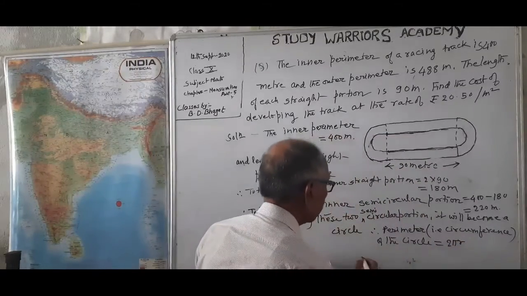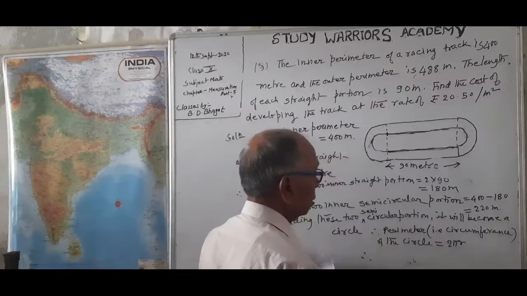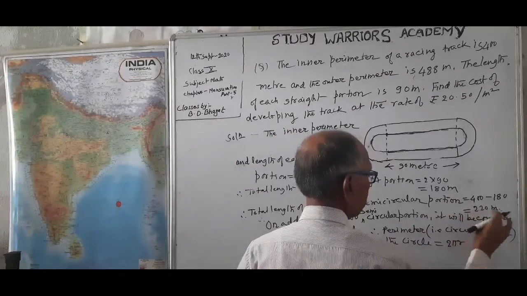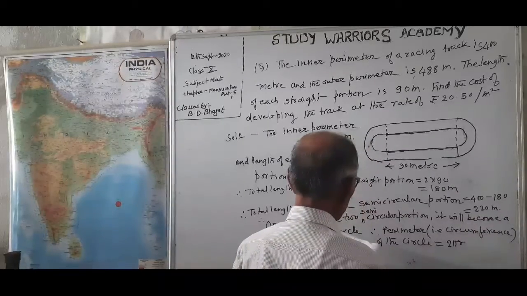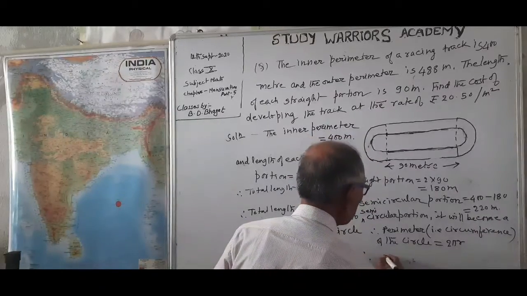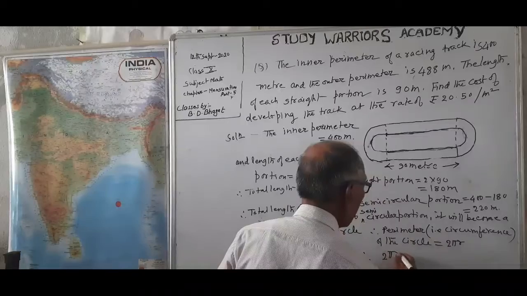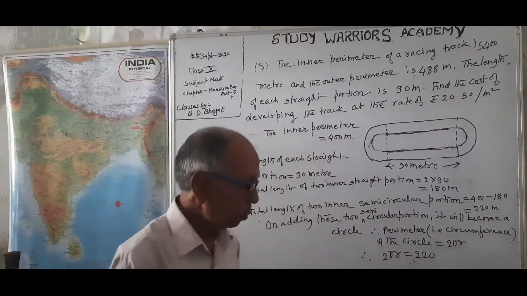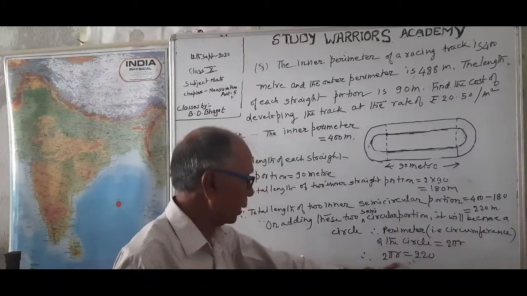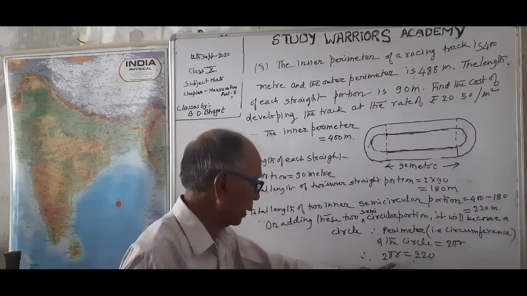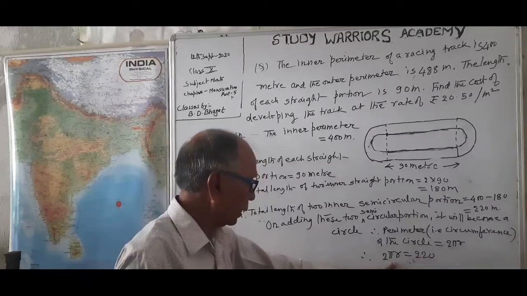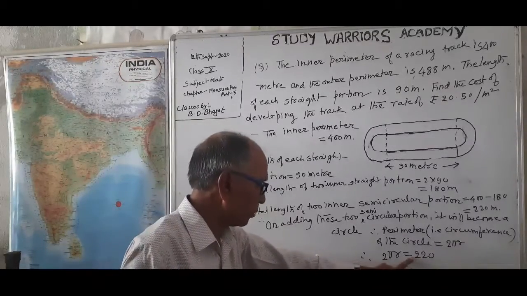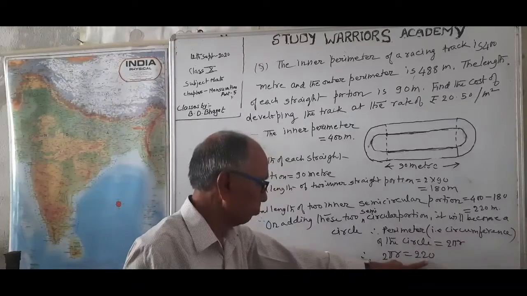But circumference is given 220. Therefore, we shall write 2 pi r is equal to 220. Because using the formula, we find the circumference of the circle, which is 2 pi r, but circumference of the circle is given.